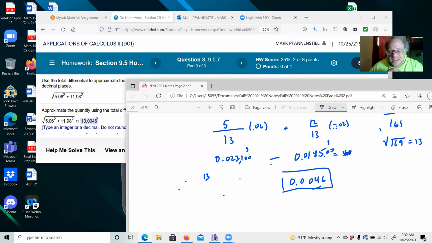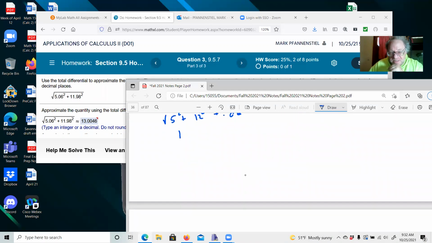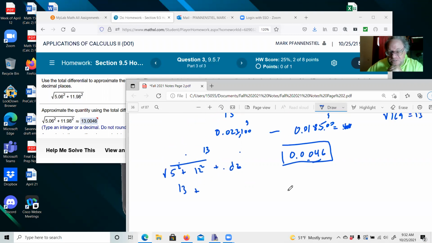So our problem is 5 squared plus 12 squared plus our error, which is this guy. So the first answer should have been 13 plus our total derivative, 0.0046. So that answer should have been 13.0046.